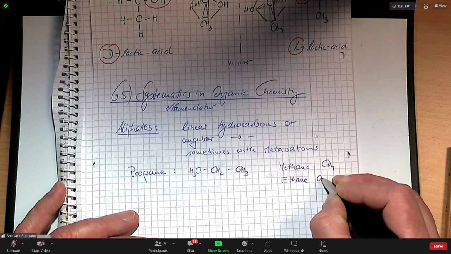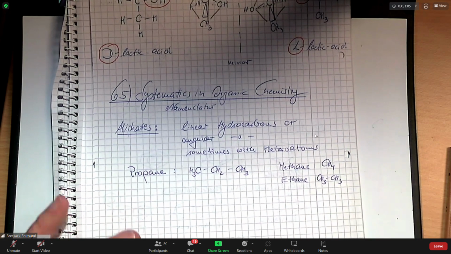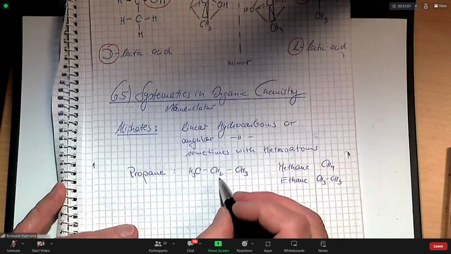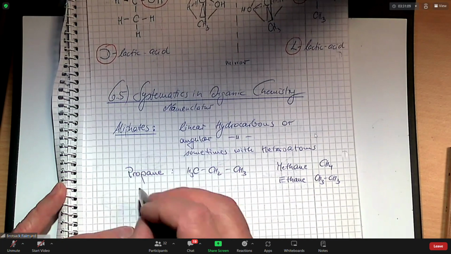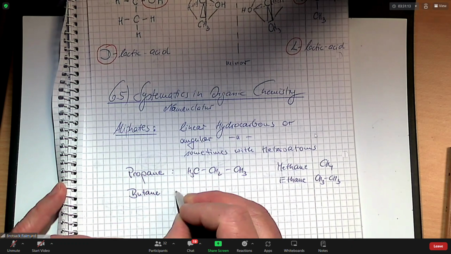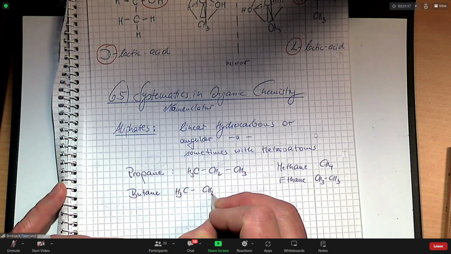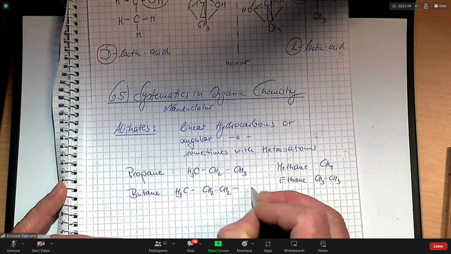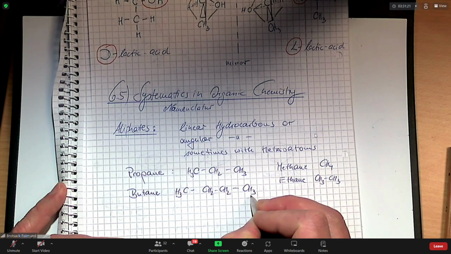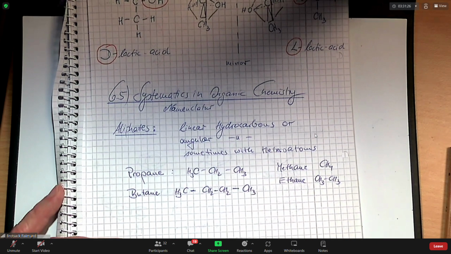CH3, CH3. Then we have the propane, and when we now prolong it to the butane, then we always have CH3 at the end. In the middle we have CH2, CH2, and again CH3. Now you see, when we just have a linear structure, we just add a CH2 in the middle.